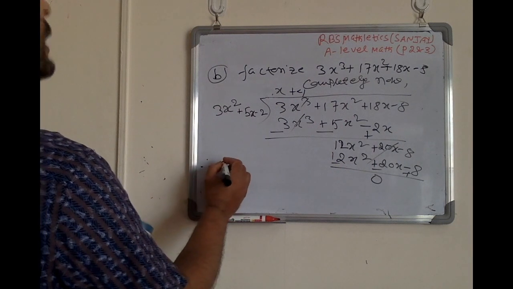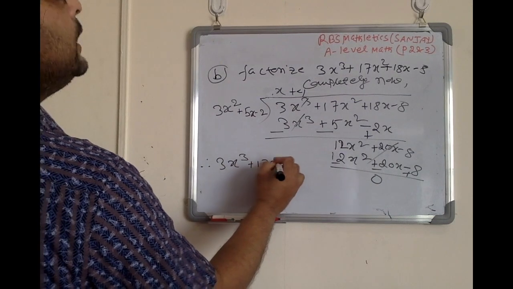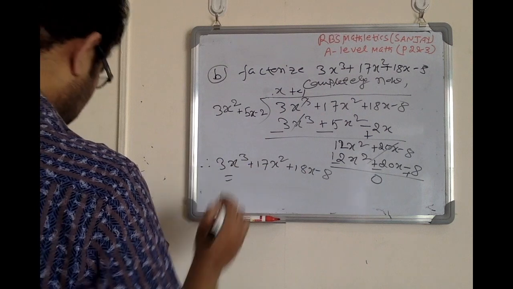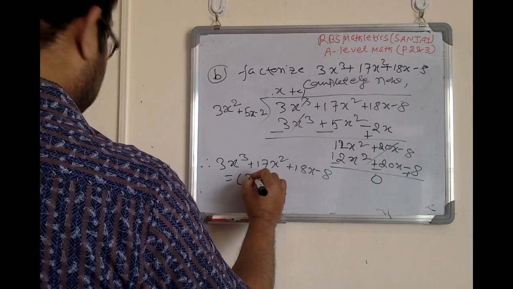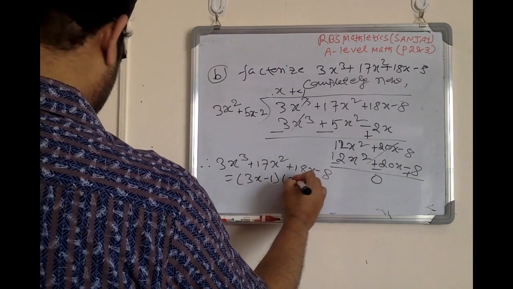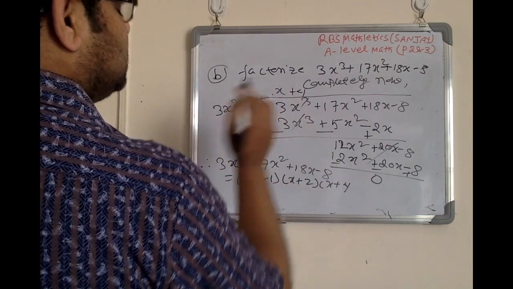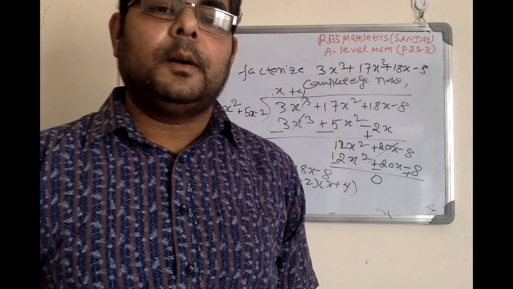Therefore 3x cubed plus 17x squared plus 18x -8 is going to be your previous factor 3x squared plus 5x -2, which is (3x -1) times (x plus 2), and then x plus 4 that we have got just now here. So in this way you can factorize the polynomial completely.